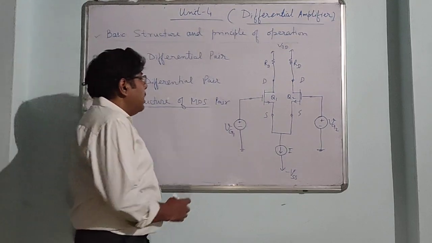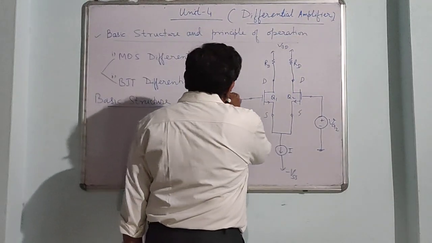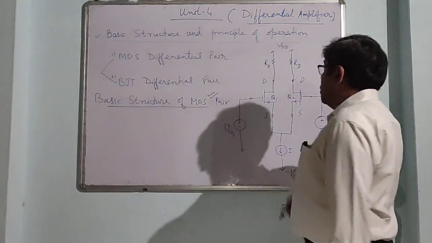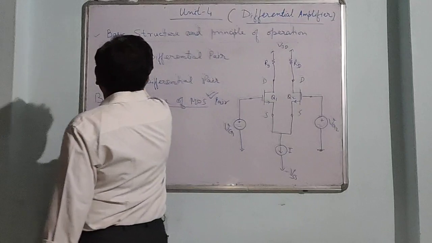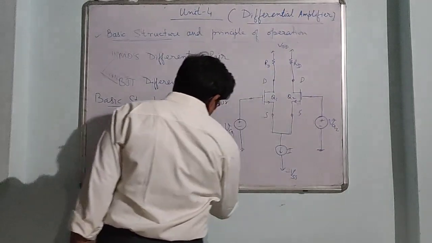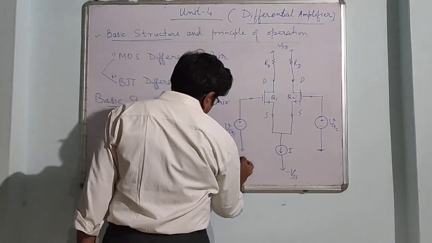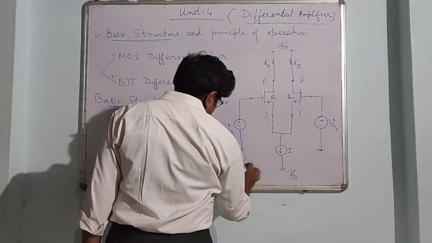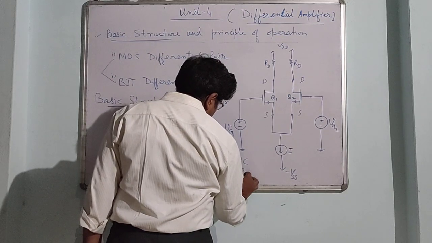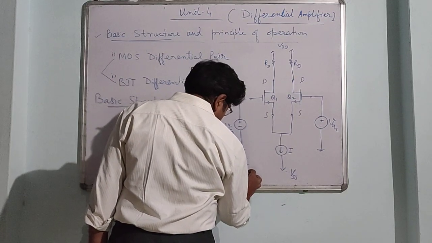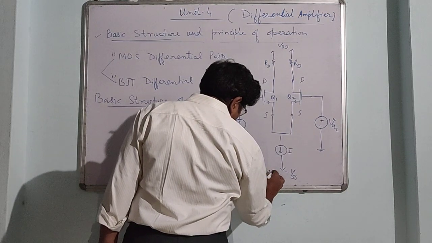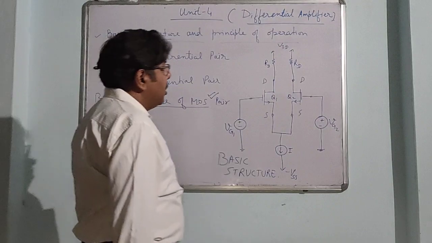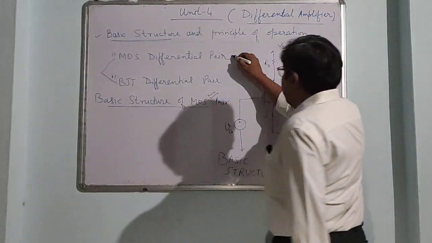So here we are drawing the first one, MOS differential pair. This is the basic structure of the MOS differential pair.